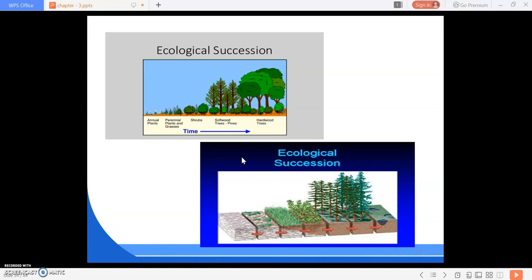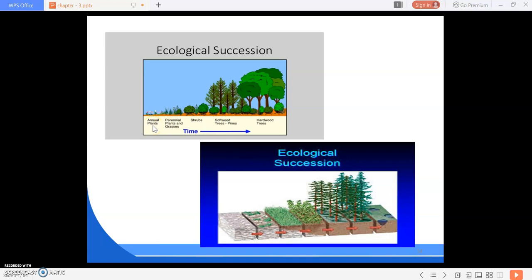They cannot change their environment to such an extent as to make it less suited to the existing communities. Climax communities are formed after a long period of time, and once formed, they maintain their structure and composition. It is the final or last seral stage.